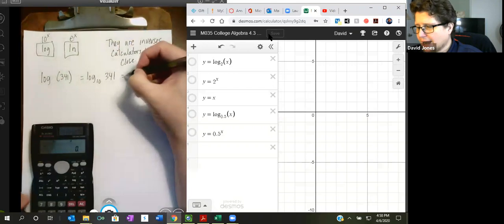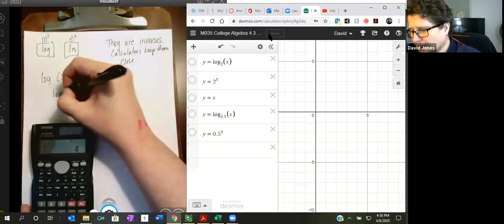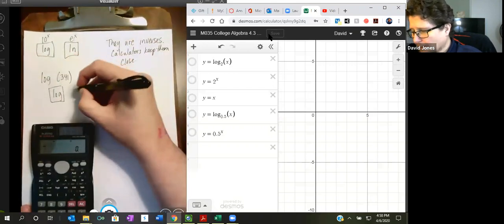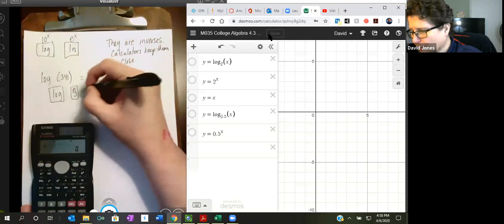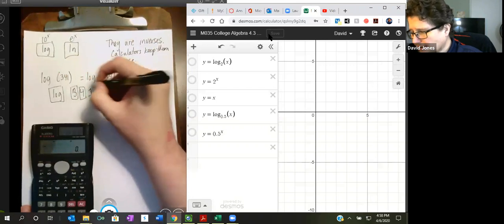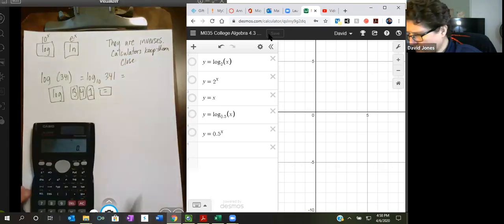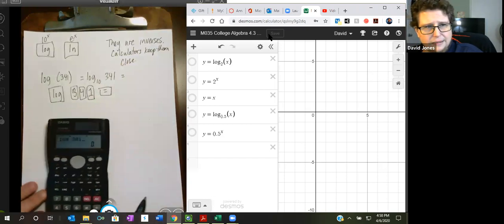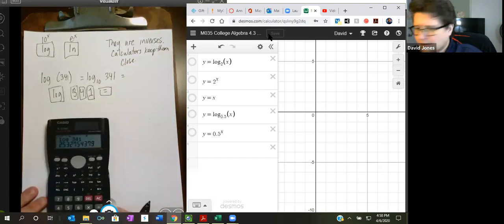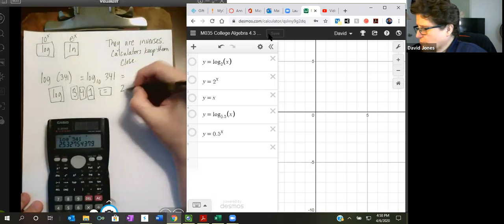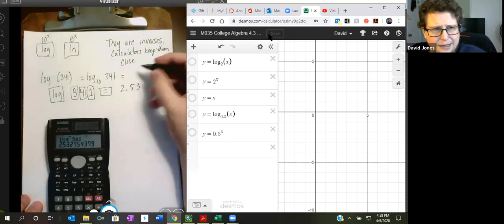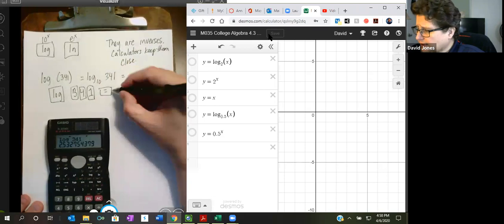For me, I'll hit the log key, and then I'll push in 3, 4, 1, and the equal sign. Log 341 equals 2.53, maybe to 3 decimal places. It's approximately that.